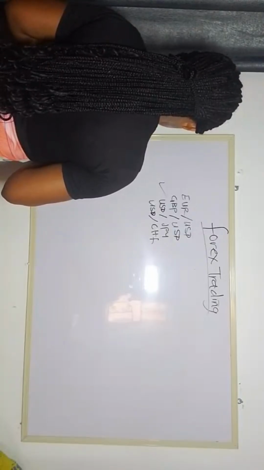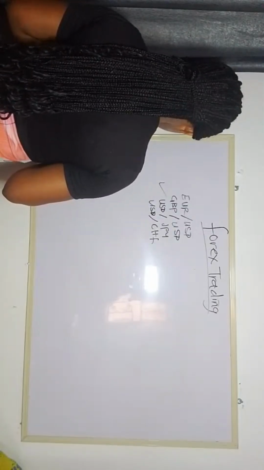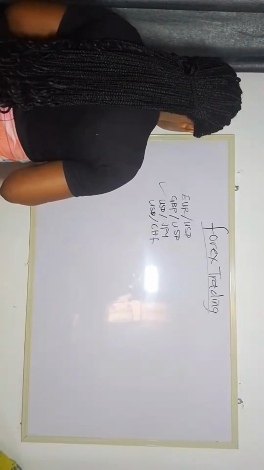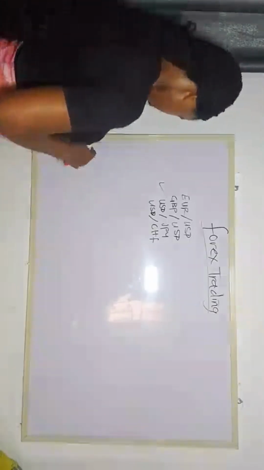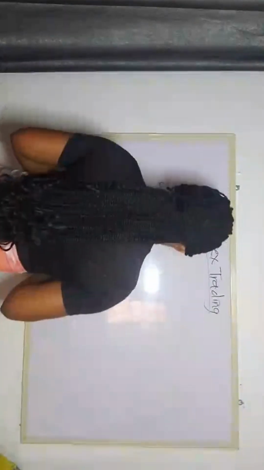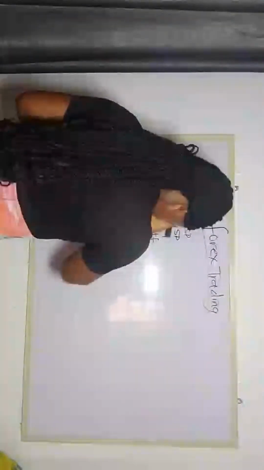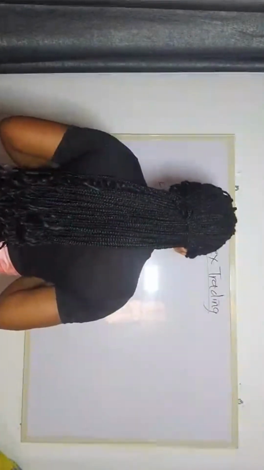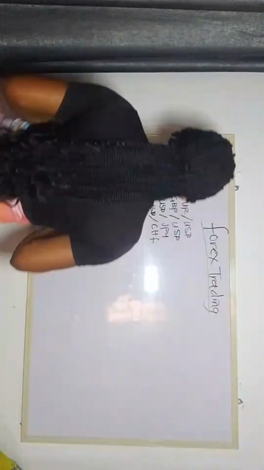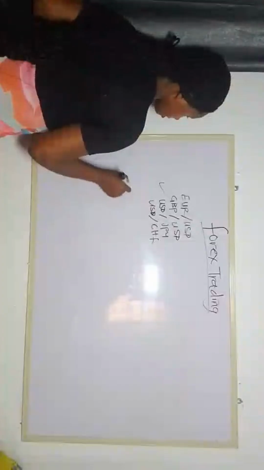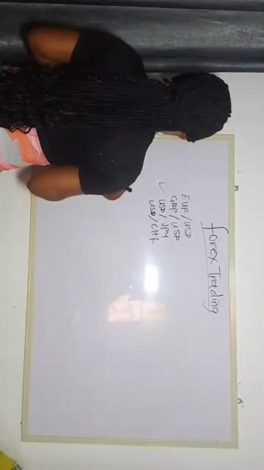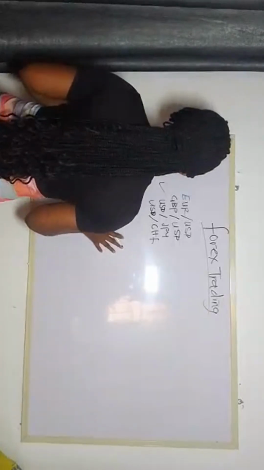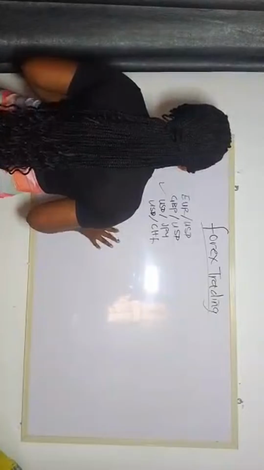It's just like minutes. A pip is a standard unit used to measure the change in value between two currencies. A pip is the smallest normal price movement.